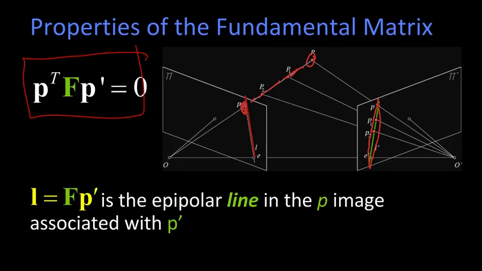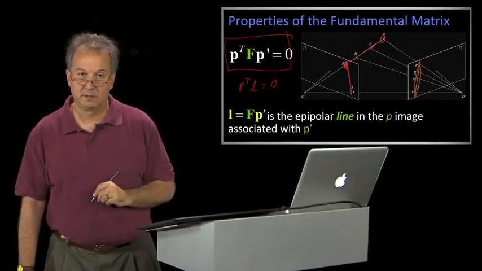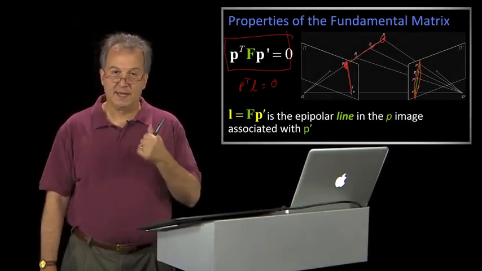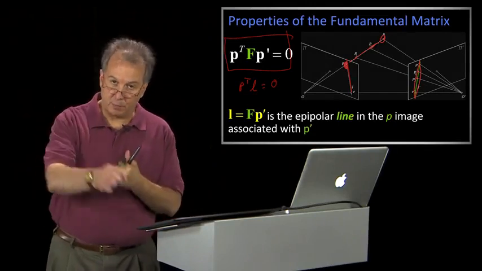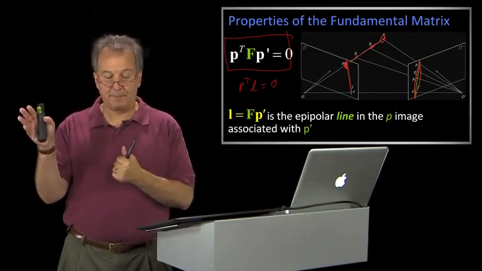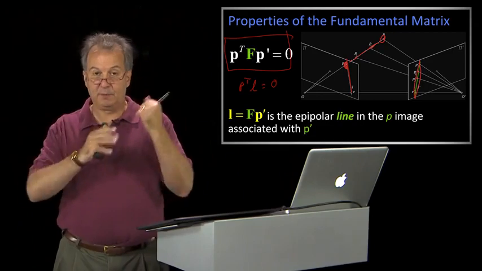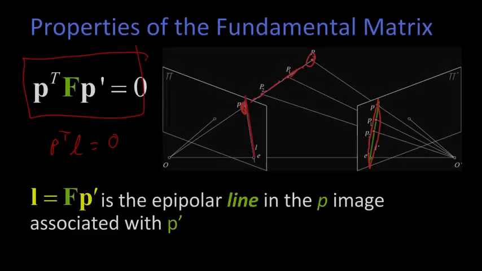But clearly they relate. You'll remember from our projective geometry little tutorial that the equation of a line could be written a couple of ways. I'm going to write it this way: P transpose L equals 0. Remember, L was the normal to the plane, and all the points P had to be in that plane, perpendicular to it.